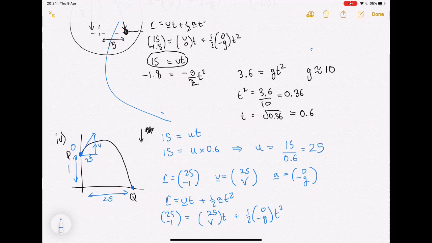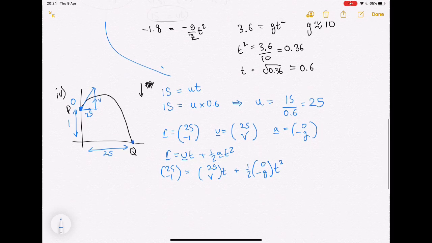And we don't actually need the vertical component here, we can just take the horizontal component, which gives us 25 equals 25t, so t is 1. So that tells us the whole projectile from P to Q takes a time of 1.